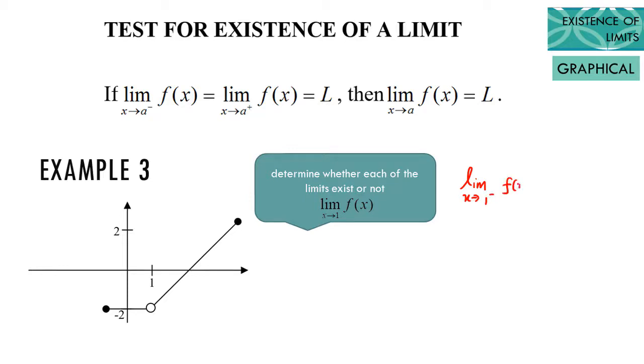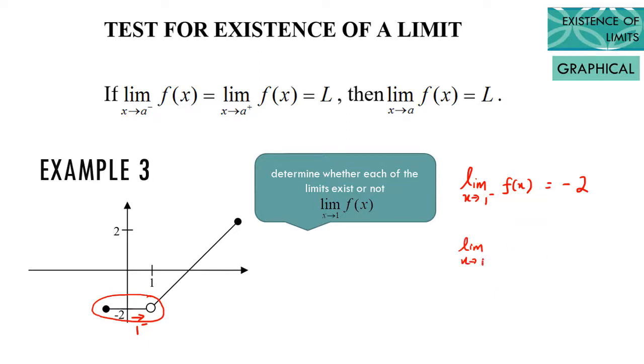Based on example 3, when x approaches 1 from the left, from the diagram we found that it is a constant function with a horizontal line, and the y value is negative 2.